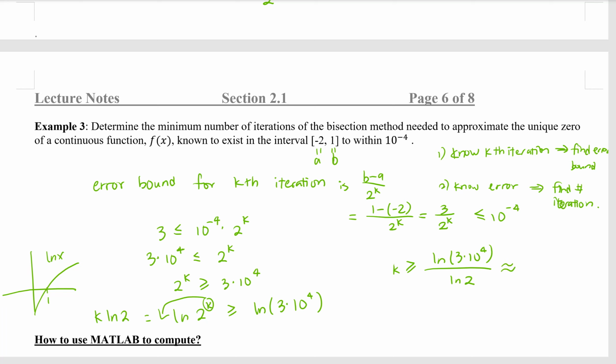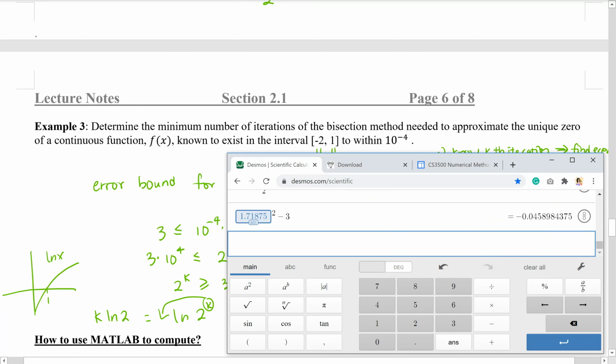Okay, what is this number? Calculator, where is our calculator? Right here.